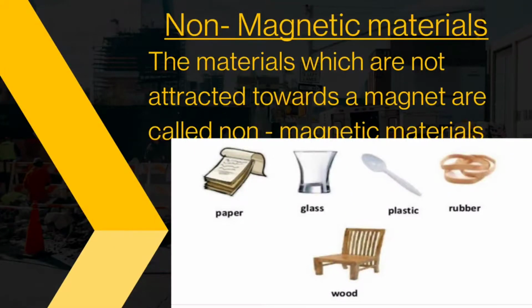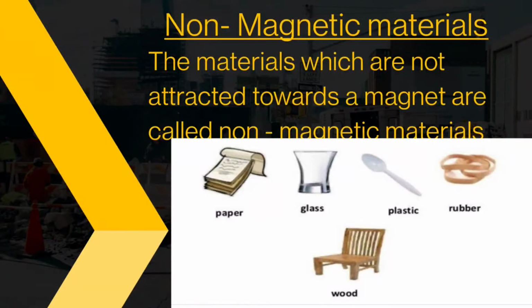Second point for magnetic material, examples: iron, nickel and cobalt. Second point for non-magnetic material, examples: paper, glass, plastic, rubber and wood. This way you can easily differentiate between magnetic and non-magnetic materials.